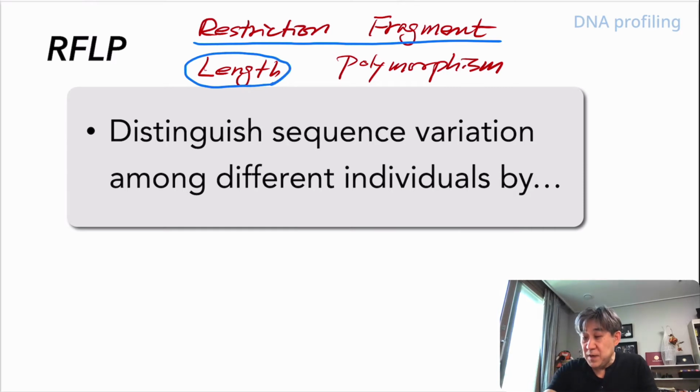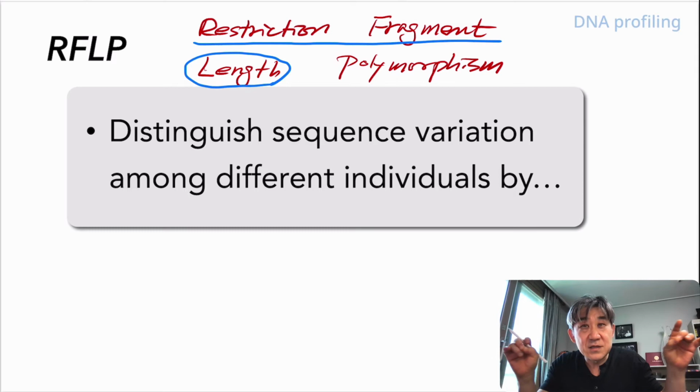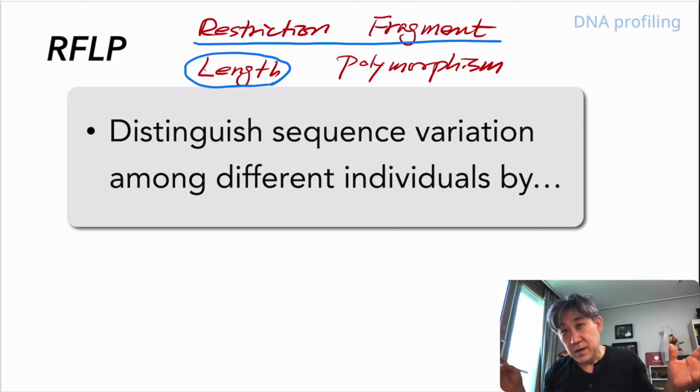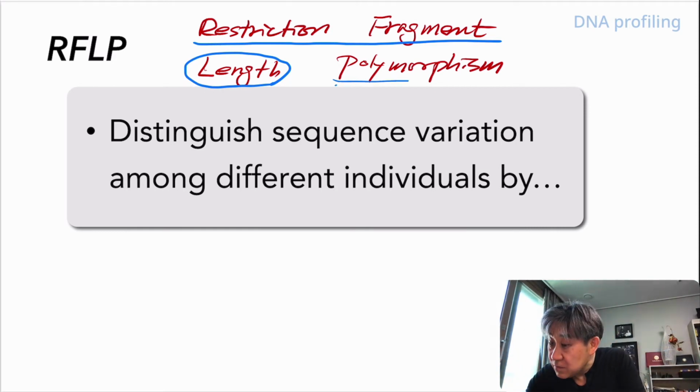So RFLP stands for this: there is something called a restriction fragment. At least you know what a fragment is, right? And whatever it is, it's called a restriction fragment. And their lengths, the restriction fragment lengths, are all different, which means polymorphism in different individuals.